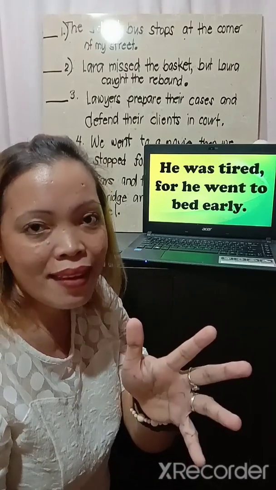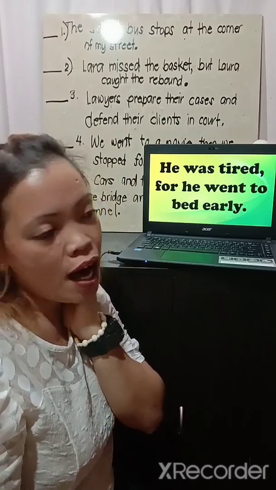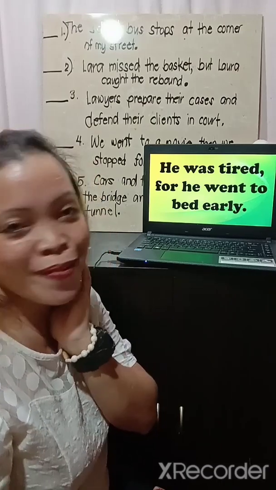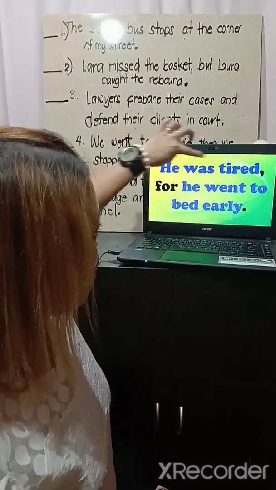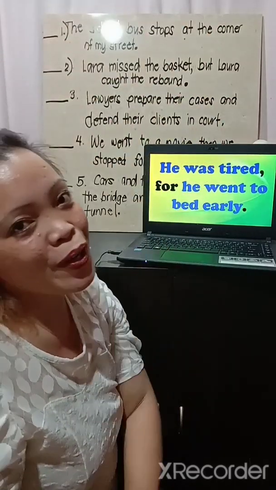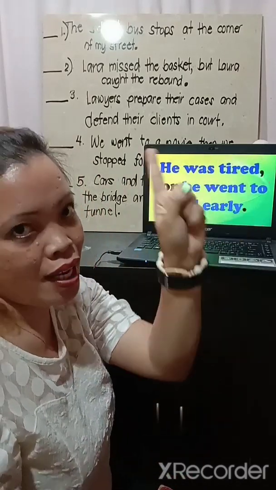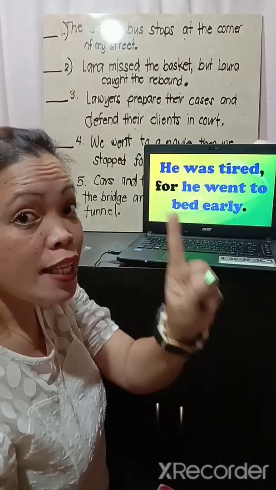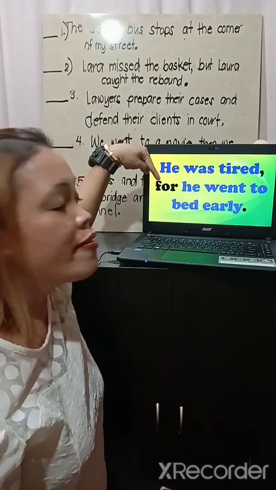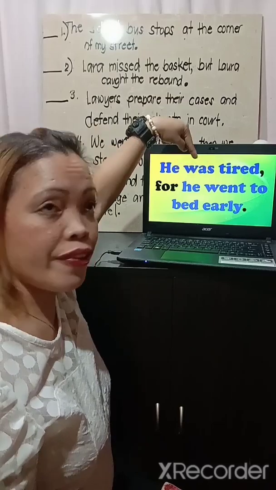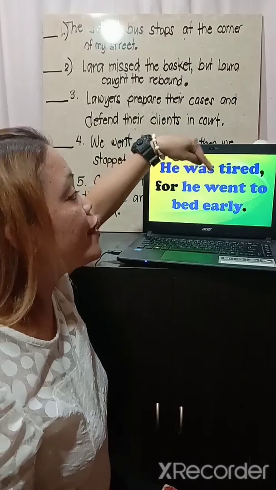So again, let us see how many independent clauses are in this group of words. One, two. That is our compound sentence made up of two independent clauses. He was tired, that is one independent clause, joined by our coordinating conjunction for, then another standalone sentence: he went to bed early.